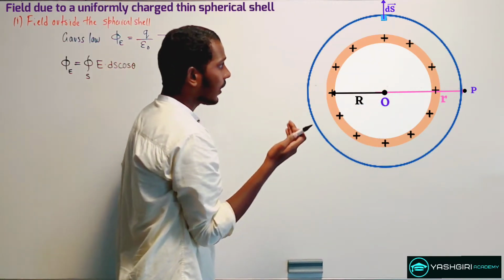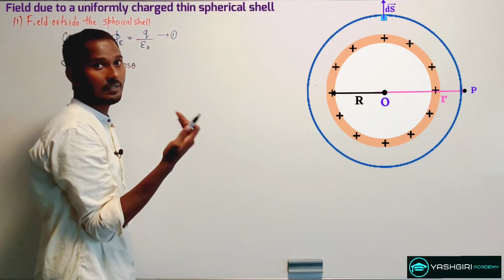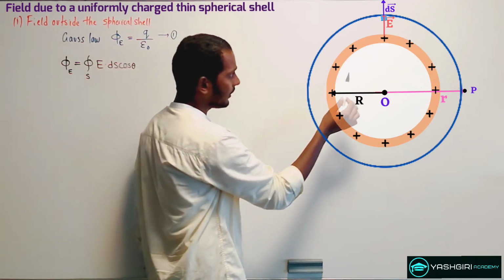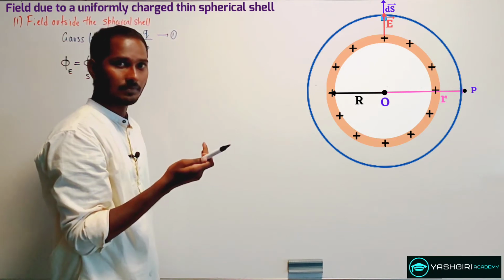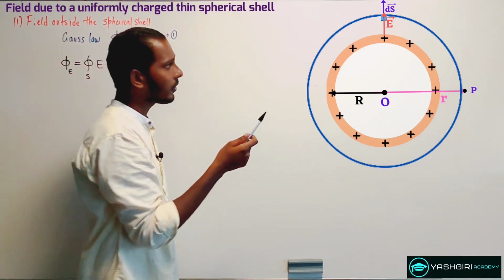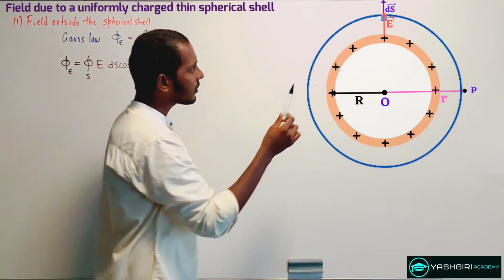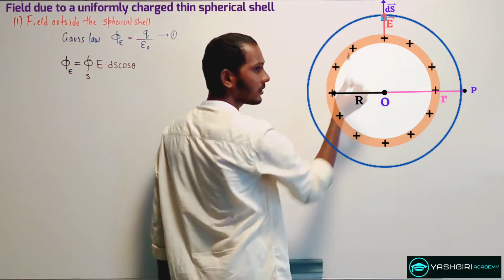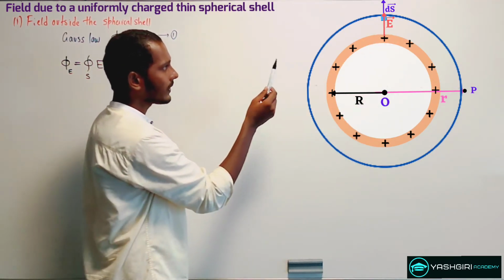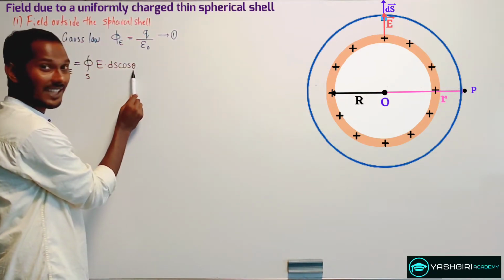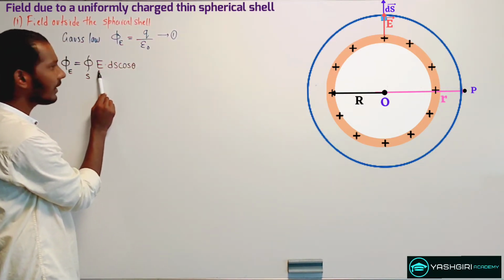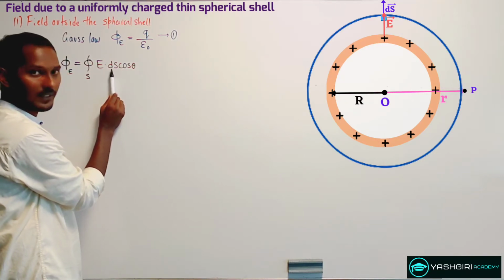Now if you just see the direction of the field lines, it's pointing upward. And if you just see the direction of the unit vector of your planar area element, it's also pointing in the same direction. Correct? So which says that here theta is nothing but the angle between the electric field and the unit vector of this surface area.